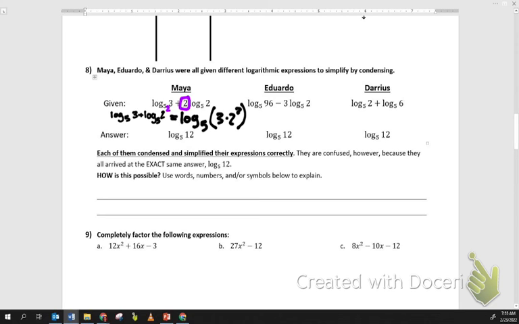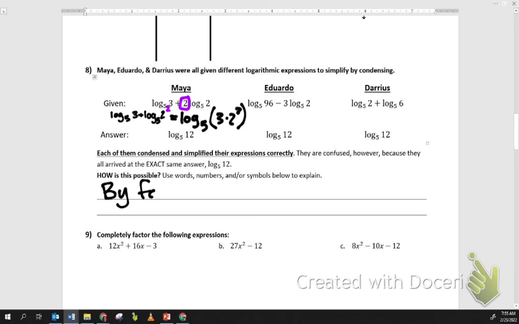So if I know that they're all using condensing rules, if I took each one of these and condensed it using my order of condensing, each person can have an equivalent expression.